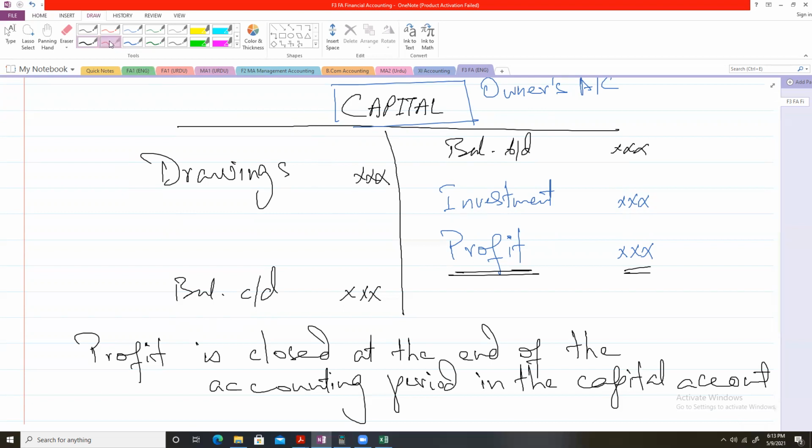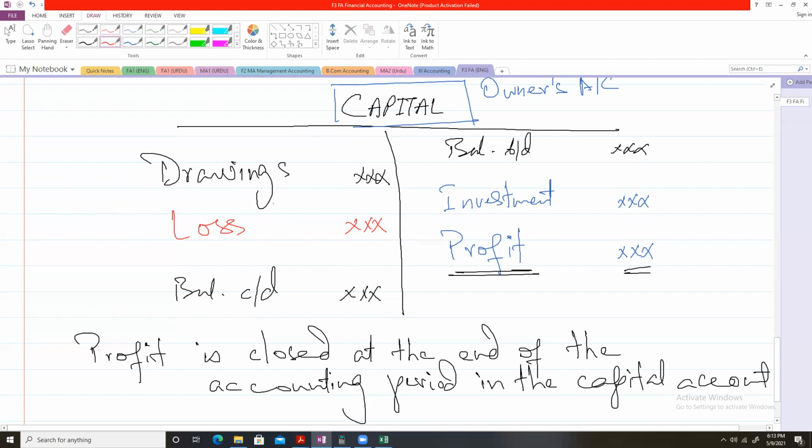And if the business suffers losses, the loss also appears on the debit side of the capital account. When a business makes a loss, the capital account reduces. When is the capital account debited?